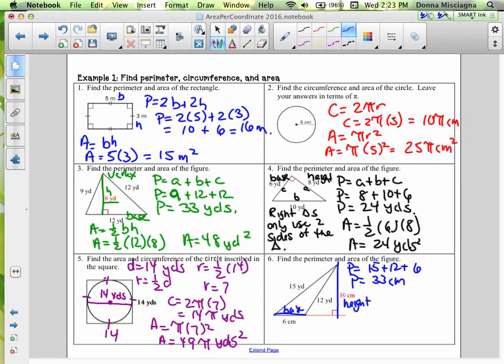It's the straight vertical distance, the fastest distance, from where the base is to the opposite vertex. So that is the height of the triangle. Our area is going to be 1/2 times 6 times 10, which is 30 centimeters squared.